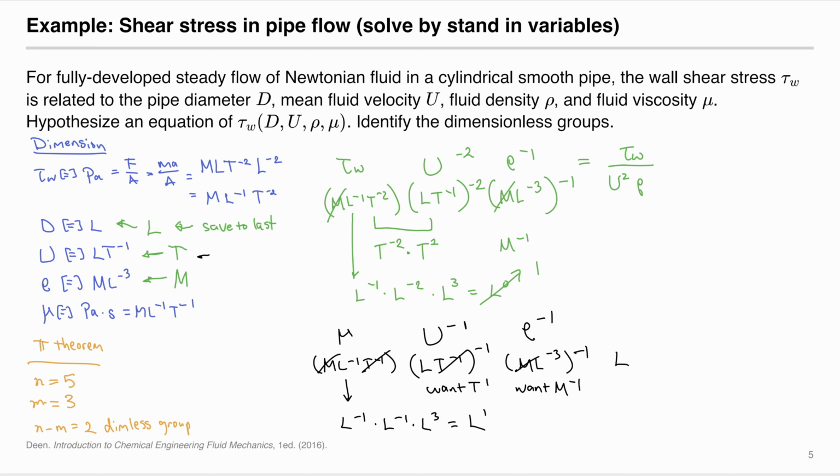To cancel this, I want something that's L^-1. So I just raise it to the power of minus 1, and the standing variable for L is D. And we have arrived at our second dimensionless group, which is mu divided by U rho D. And this can be raised to any arbitrary power as well.